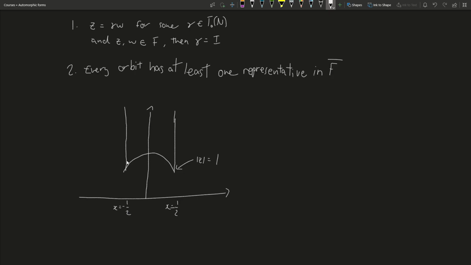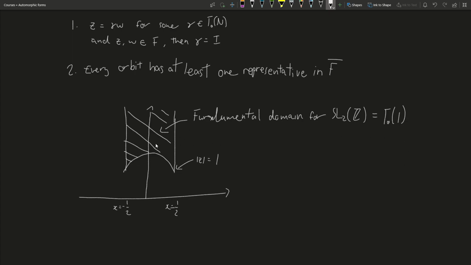And then your fundamental domain is this area going off to infinity. This is the fundamental domain for SL2Z, which is also Gamma_0(1).